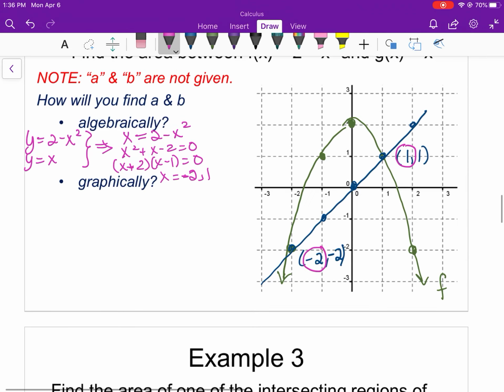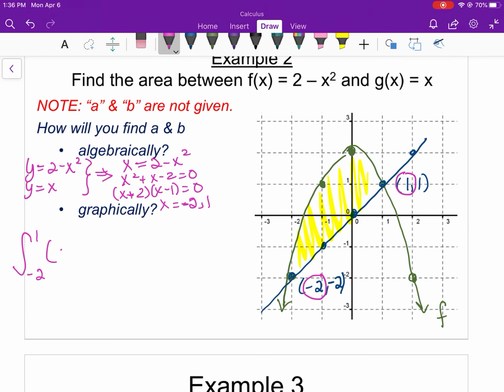All right, so if we're going to find the area, the area would be of this yellow region here, because the area that you're finding is always bounded, so it's always going to have boundaries. -2 to 1. The top curve is 2 minus x squared, and the bottom curve is x, so I take the top minus the bottom. Actually, there's no cleanup, so let's just go ahead and integrate.